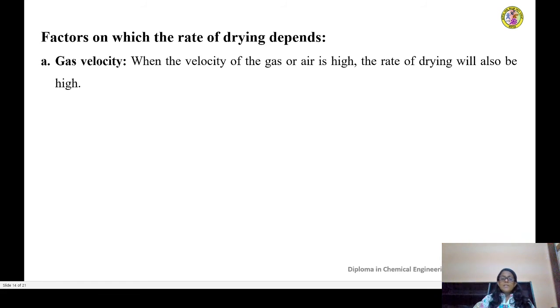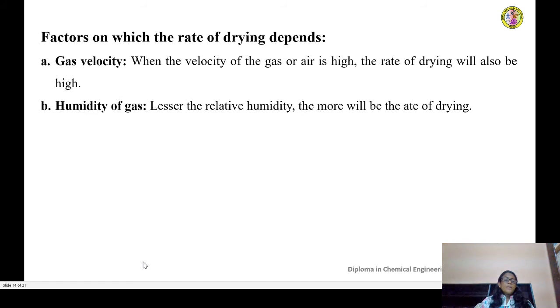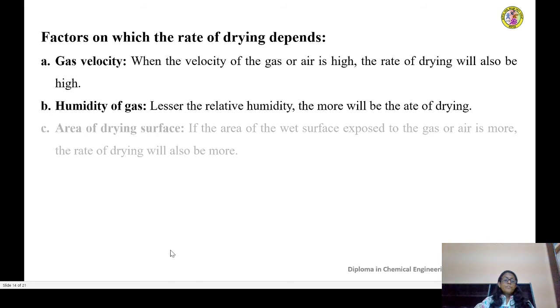Okay, so let us now understand the factors on which the rate of drying depends. One is the velocity of the gas. When the velocity of the gas or air is high, the rate of drying will also be high. Also humidity. The lesser the humidity, the more will be the rate of drying. Area of drying surface.